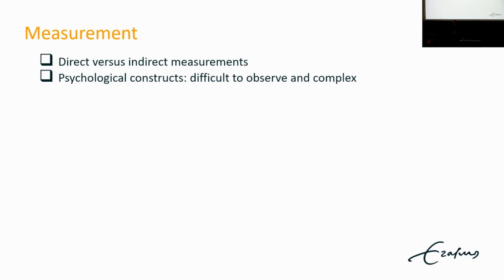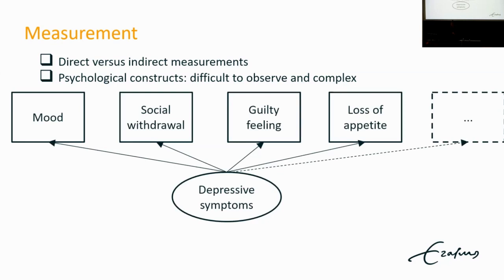Well, what is your level of depressive symptoms? There's no way of knowing this. So I cannot directly observe the constructs that I'm interested in. So psychological constructs tend to be difficult to observe and also complex in nature. So what we need is a measurement model for that.